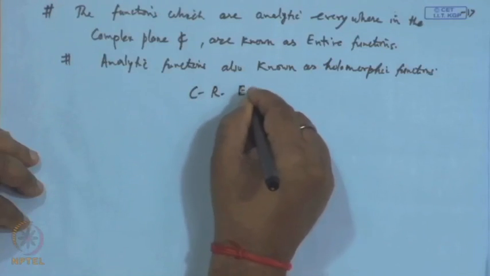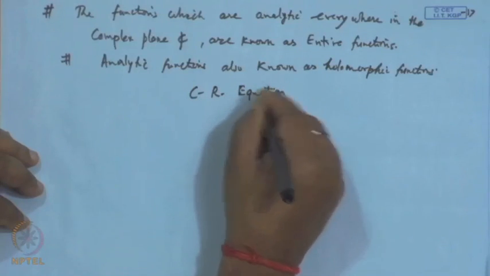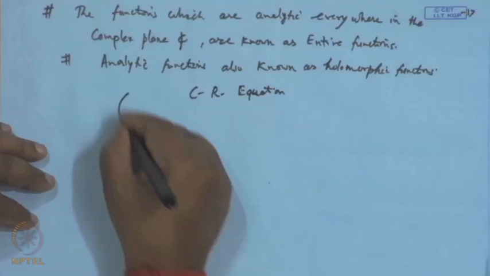So, let us see first the conditions and then the CR equations. These are known as the Cauchy-Riemann equations.